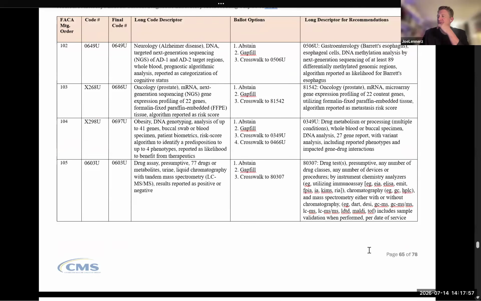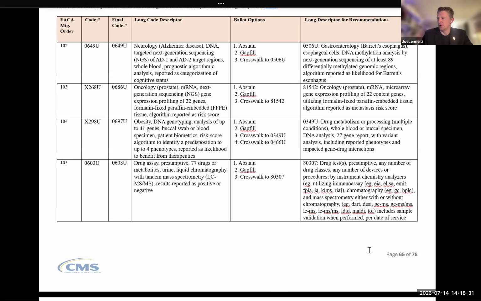This is a neurology test for Alzheimer's disease. It's a targeted next-gen sequencing assay based on DNA for 81 and 82 target regions from whole blood and a prognostic algorithmic analysis reported as a categorization of the so-called cognitive status. We reviewed this. There was a suggestion that a similar Barrett's esophagus risk score looked similar in terms of effort and genes.